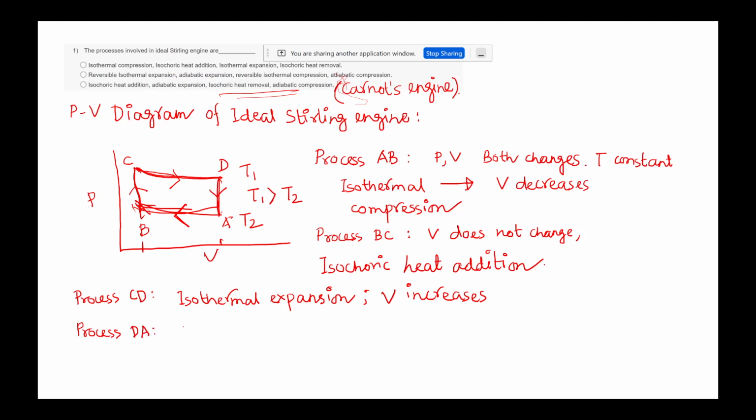Here also V doesn't change, so this is isochoric. But here, since we are changing from D to A and touching a lower isotherm, this is isochoric heat removal. These are the four steps of the ideal heat engine.